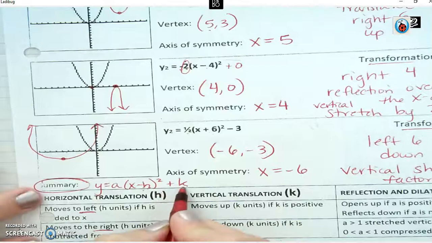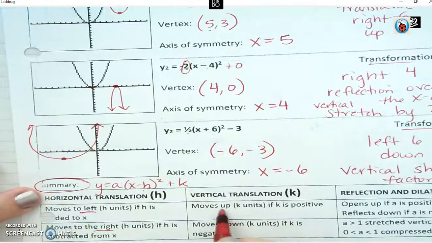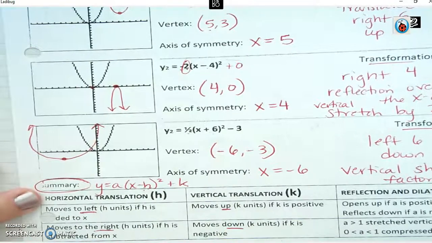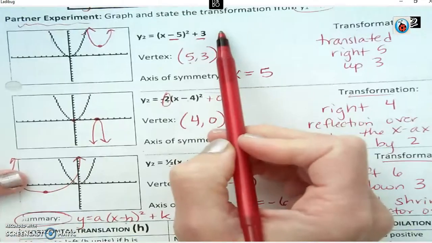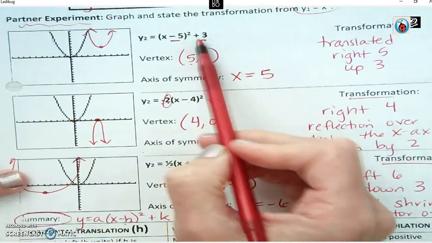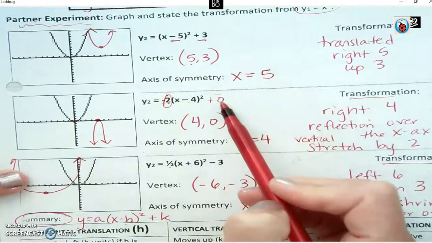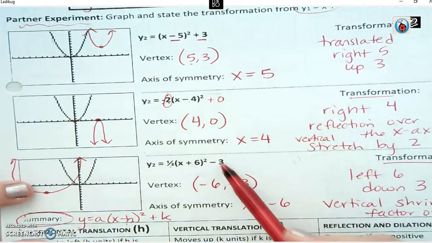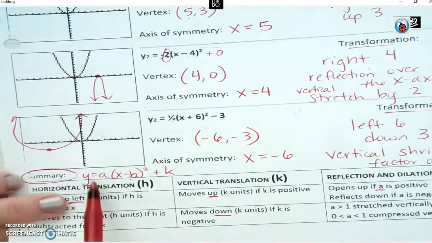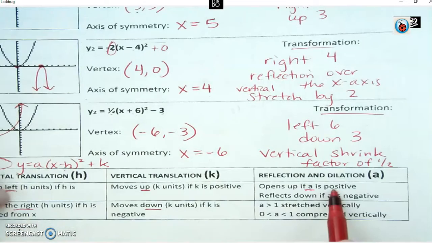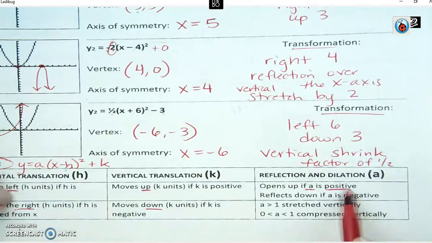Your k moves it up or down. So what's on the outside moves it up or down. This one moved it up 3. This one, it didn't move up or down at all. And this one moved down 3. If your a value, remember a is this number in front, if a is positive, it opens up.